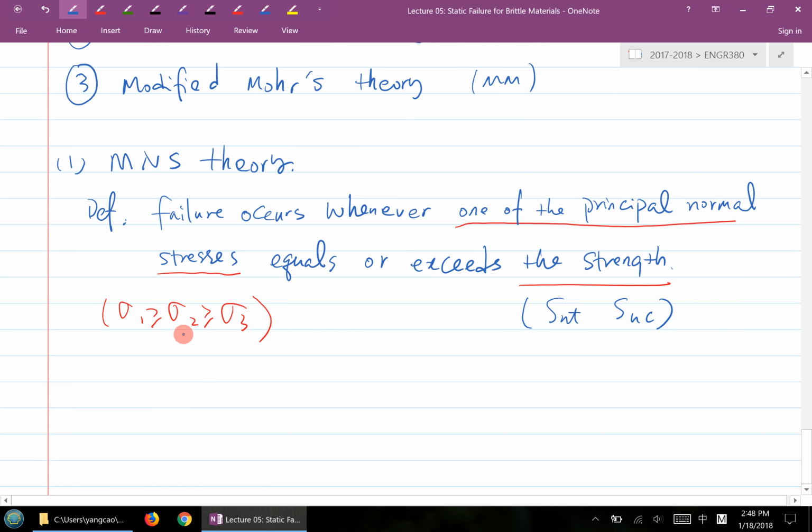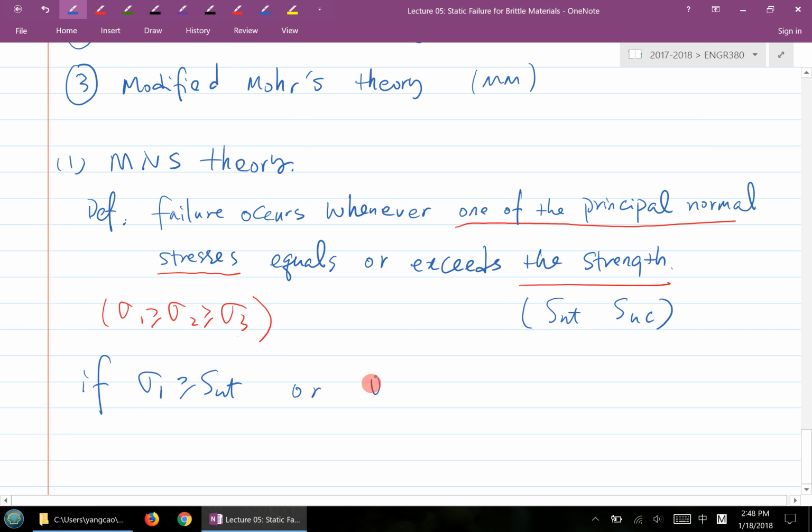When you have sigma 1, sigma 2, sigma 3, here's the maximum, here's the minimum. So sigma 3 could be a negative number. Here's the maximum, sigma 1, among the 3. You're essentially looking at whether sigma 1 is greater than the SUT.